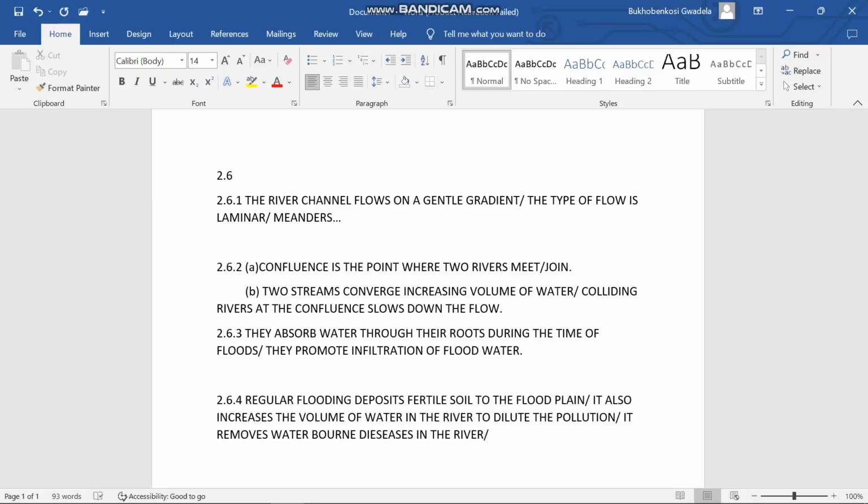I can also mention the removal of accumulated debris in the river, reducing pollution.